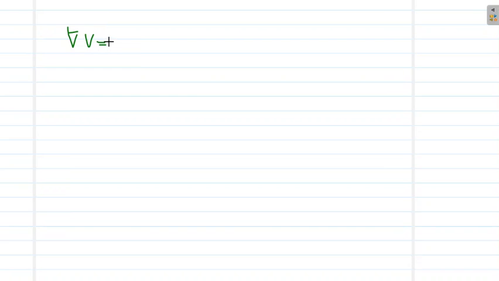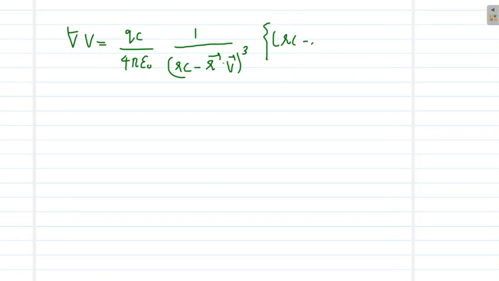We had found that del V is equal to QC divided by 4 pi epsilon 0 into 1 by RC minus R bar dot V bar the whole cube, multiplied by RC minus R bar dot V bar into V bar minus C square minus V square plus R bar dot A bar into R bar.